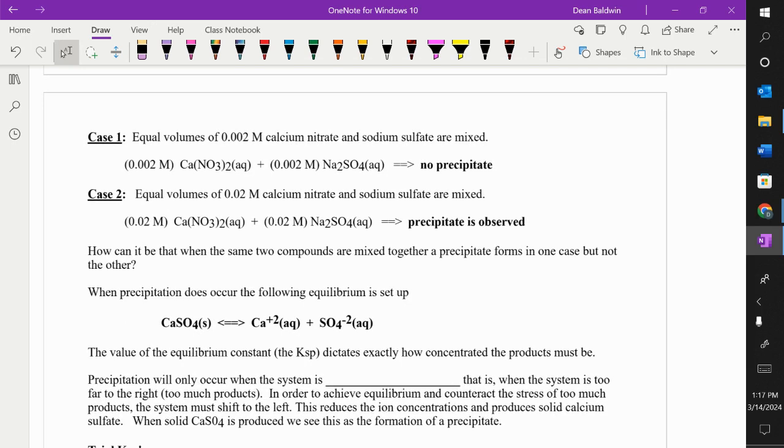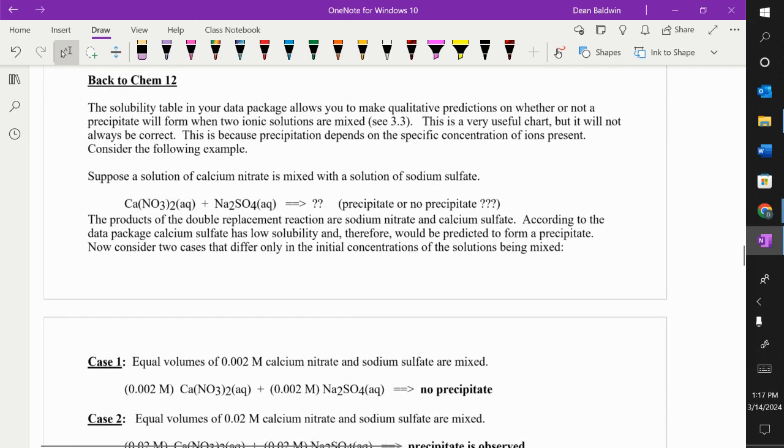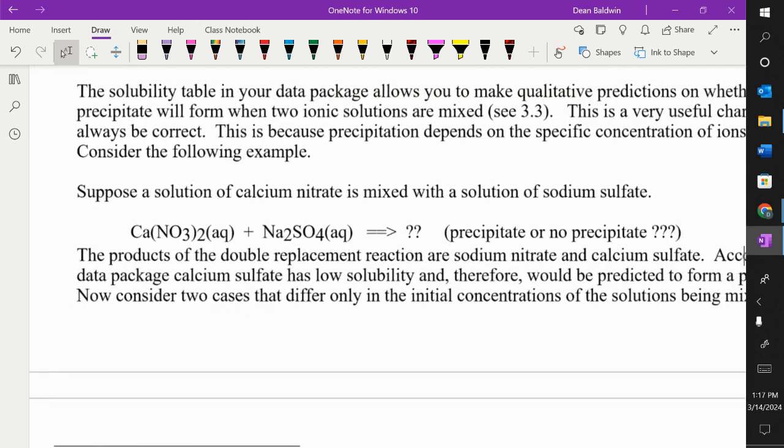Let's look at this here. Calcium nitrate, sodium sulfate. What is the product that should precipitate according to your data package when you mix these two things together?